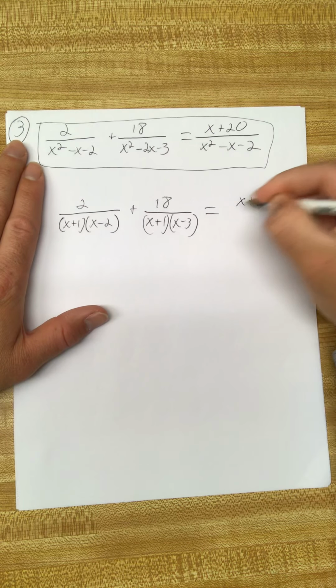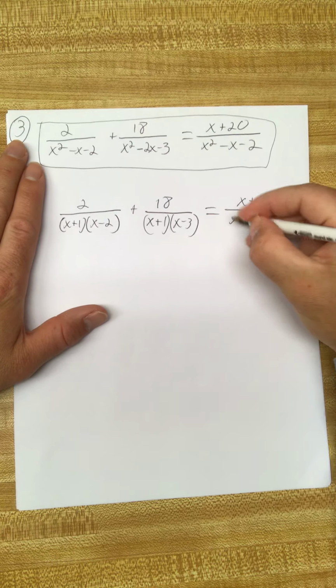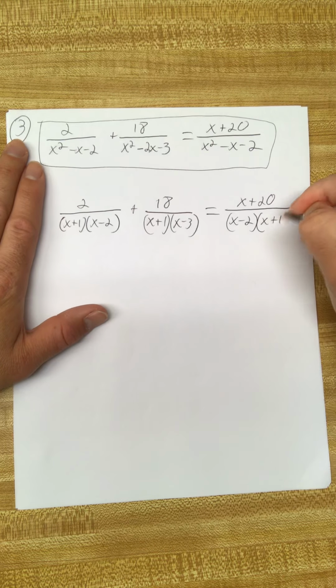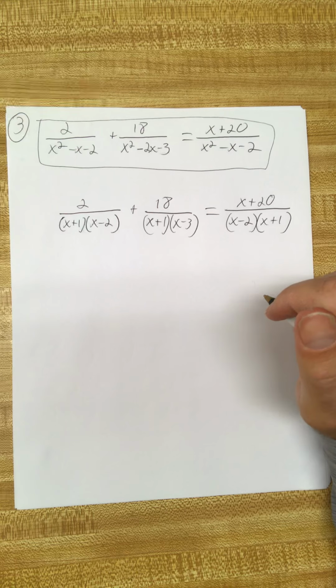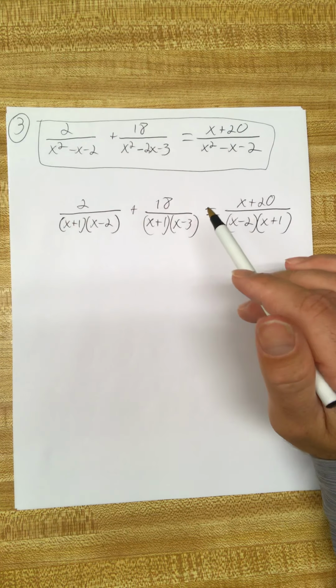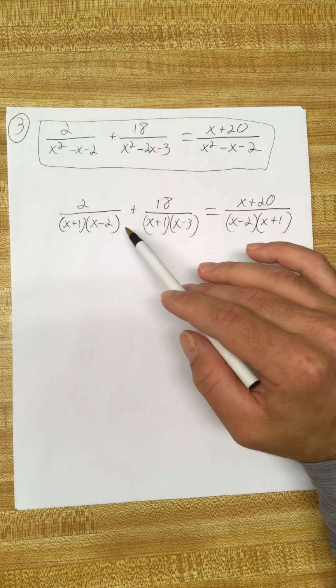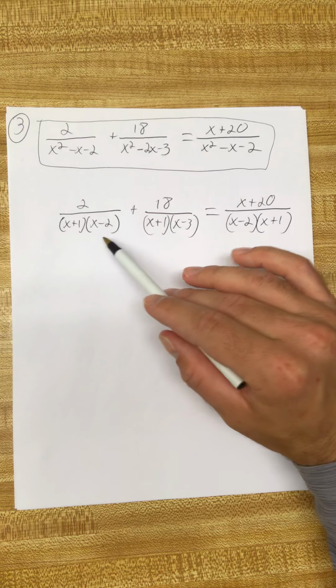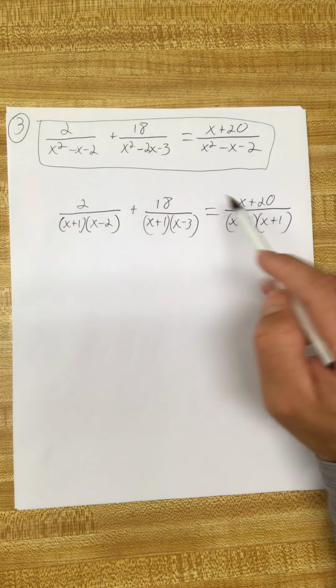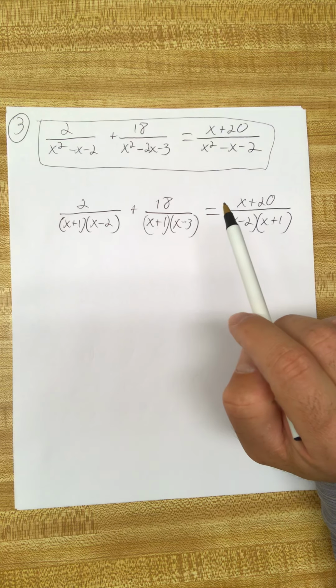Then x plus 20 divided by x minus 2 times x plus 1. I wanted to put the x plus 1 first. Sorry about that. So anyway, you're looking at your denominators here, and what you got to be thinking about is your LCM has to have one of each of these binomials.